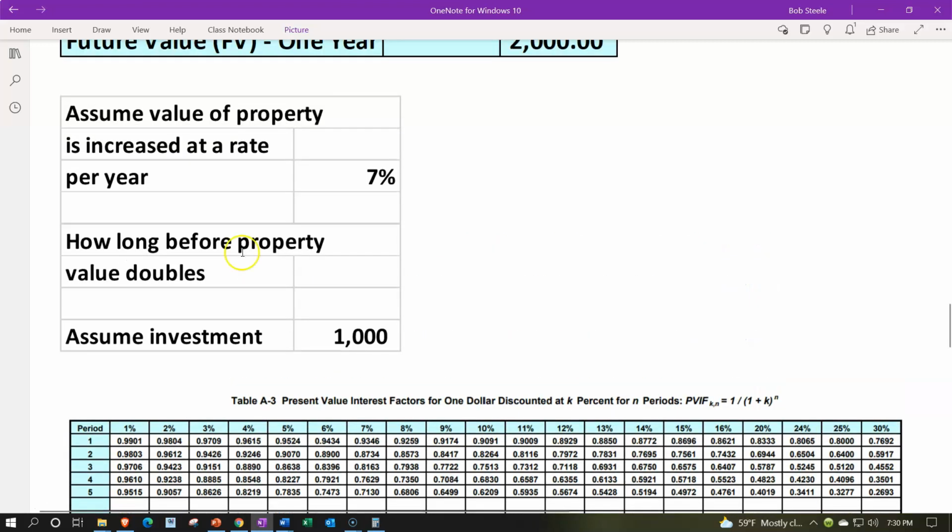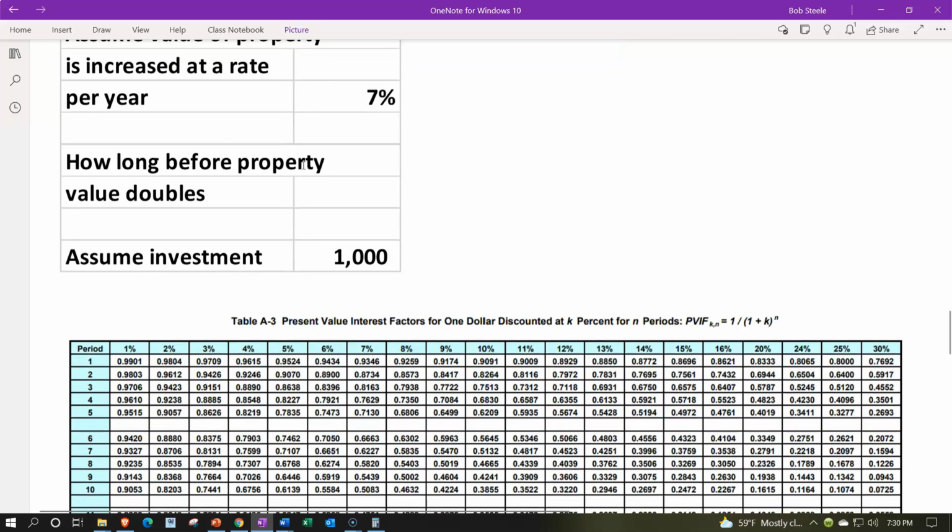So in our case, we've got the 7% here. And if we're looking at the present value type of tables, we're imagining that we had the future value that we're trying to pull back to the present. So we're going to imagine we know what the future value is. It's double what the present value is, right? With the present value is 1,000, the future value would be 2,000, and we want to multiply it times something that would bring it back to the present, which would be the 1,000.